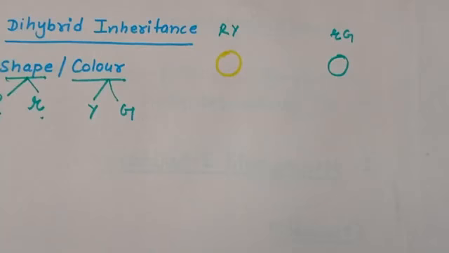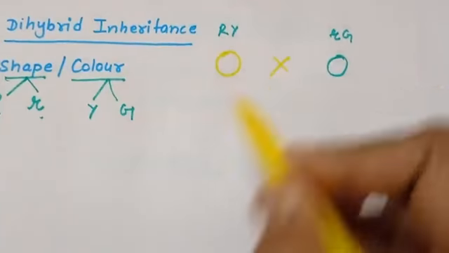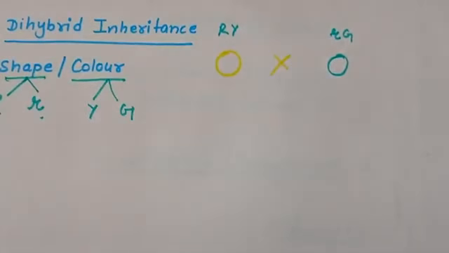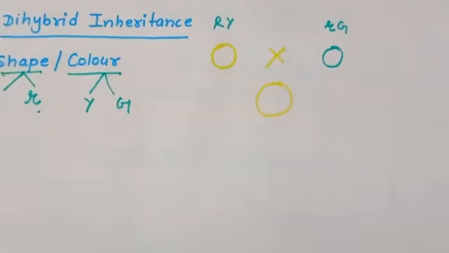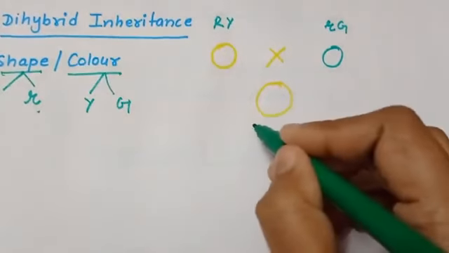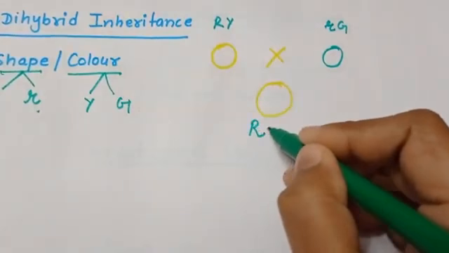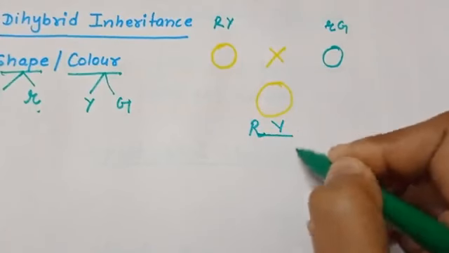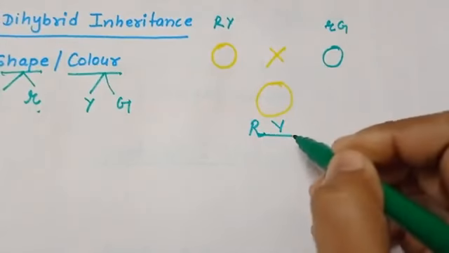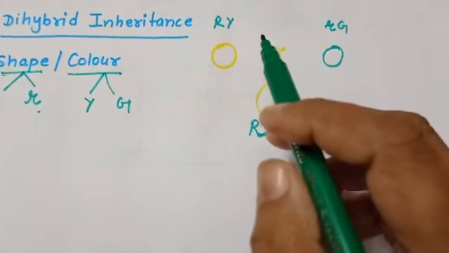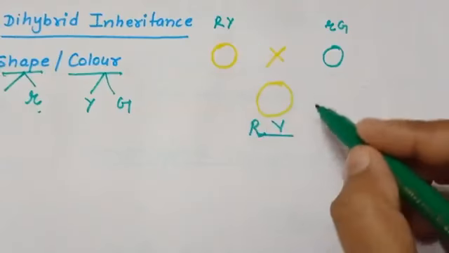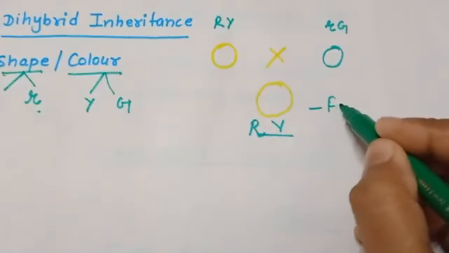Now, when these two cross with each other, what has formed? A round yellow seed has formed. Round yellow seed. So this was our first filial generation.